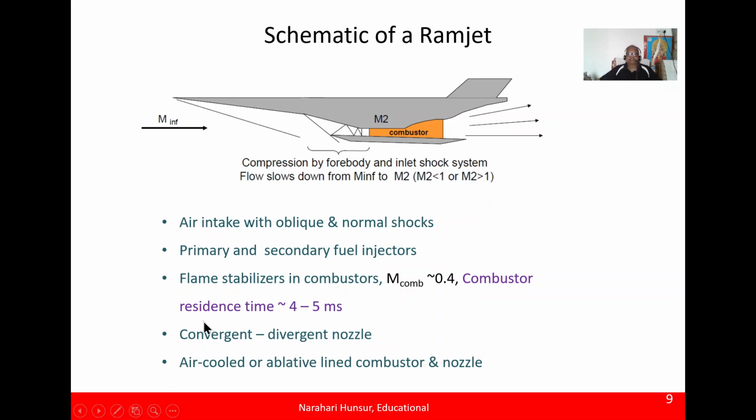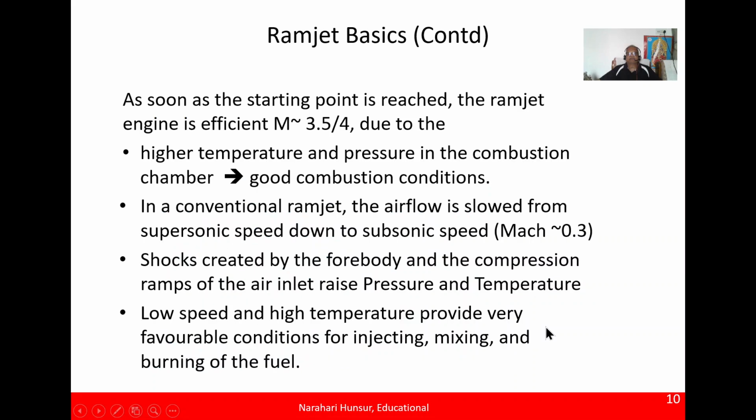Typically, the residence time is about 4 to 5 milliseconds. In 4 to 5 milliseconds in the combustor, the combustion has to be completed, gas is generated, and then efficiency follows from that. This is followed by a convergent-divergent nozzle. As the flow here is subsonic, you need a convergent-divergent nozzle to accelerate it further. Air cooled or ablative lined combustor and nozzles are a must because the temperatures are very high.